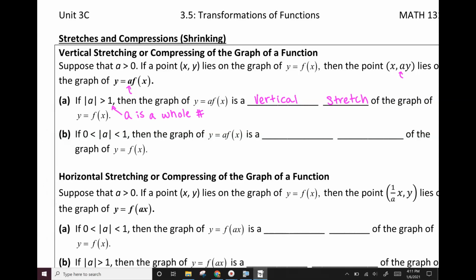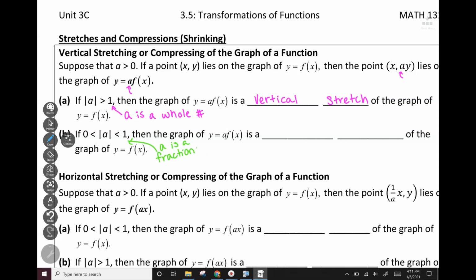Now if the absolute value of a is between 0 and 1, that's talking about fractions. So a is a fraction.